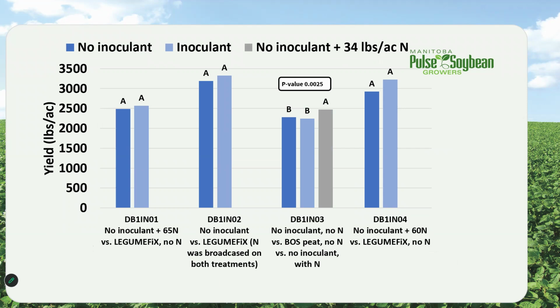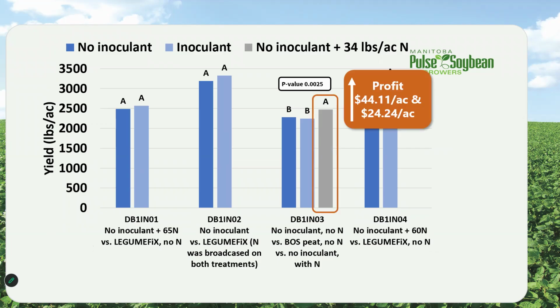But the only significant yield difference occurred at 03, where the no inoculant with nitrogen outperformed the other two treatments, and yield and profit were increased as a result. So that is simply nitrogen fertilizer outperforming the inoculant, which didn't perform.